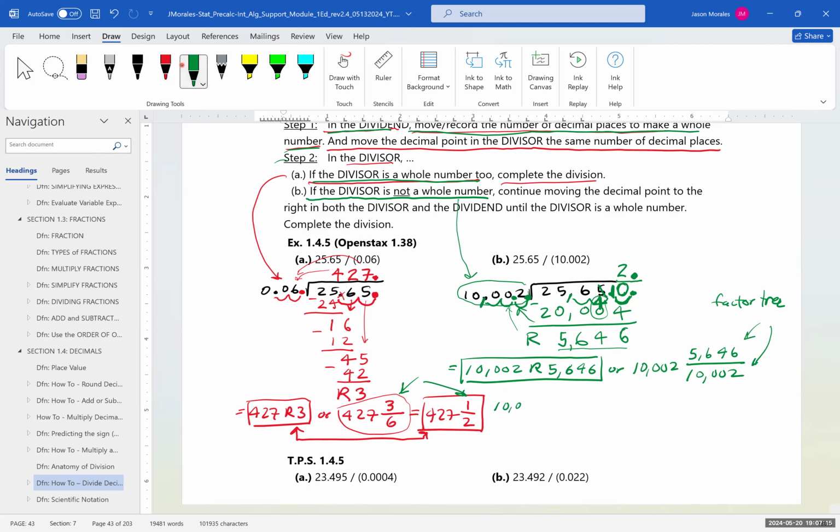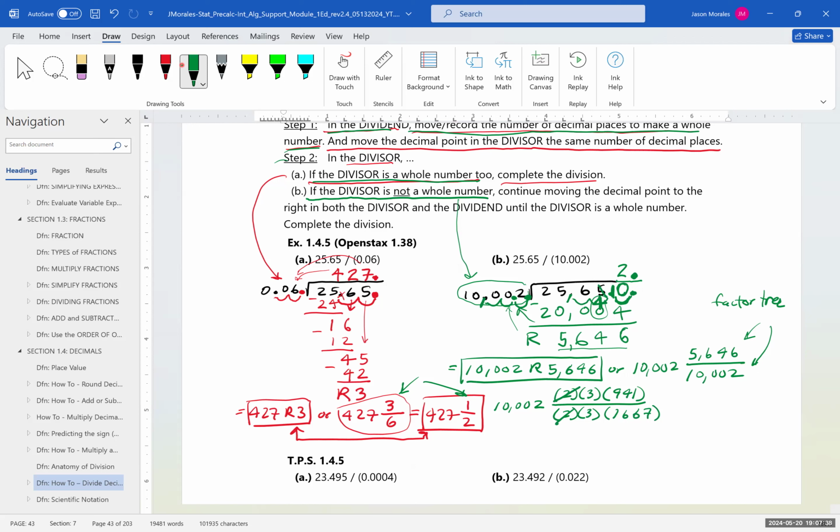The numerator was a product of 2 times 3 times 941. And the denominator had factors 2, 3, and 1,667.